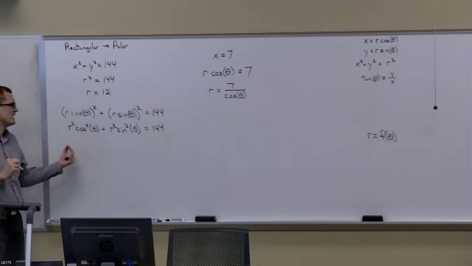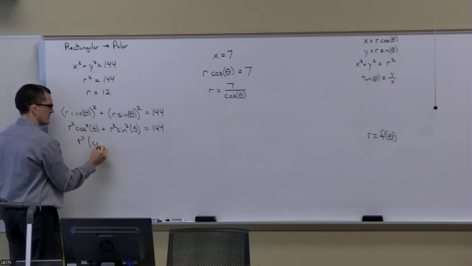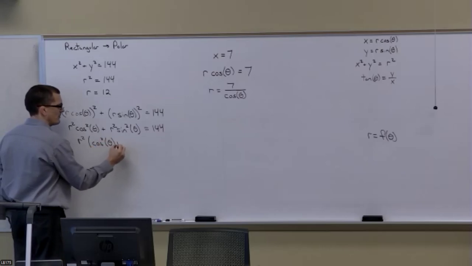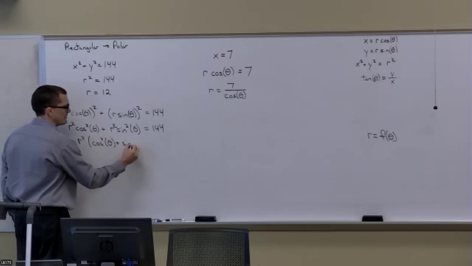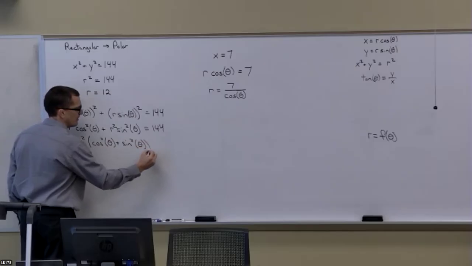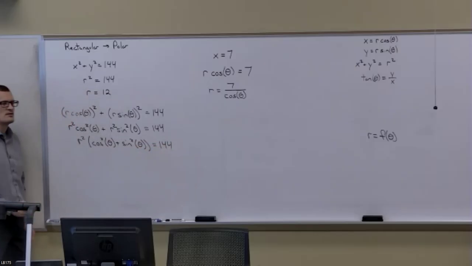I could have factored out the r squared on the left-hand side. And then what would have happened is I would have been left with cosine squared plus sine squared on the inside of parentheses, which we know from our trig identities is 1. Right?